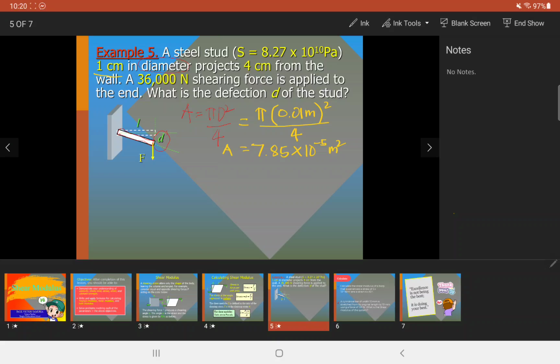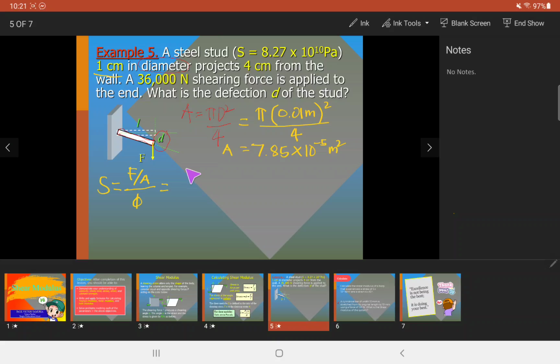Okay, and now we can solve for the S. Okay, shearing stress, what's the formula? Shearing stress, S is equal to F over A over phi, right? But what we're trying to do is to solve for D. Okay, so how do we do that?